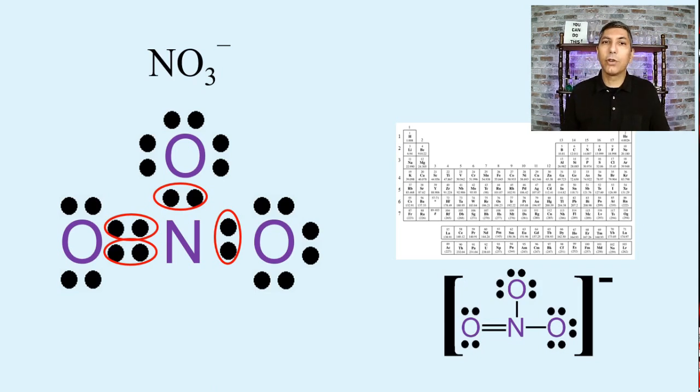And since this is a charged particle, I need to draw its structure in brackets with the charge drawn out there to the side. That way, if someone looks at this, they'll realize, this is a charged particle, this is an ion, and it's not like a molecule of nitrogen trioxide or something like that, because that's not exactly what this is. This is an ion.